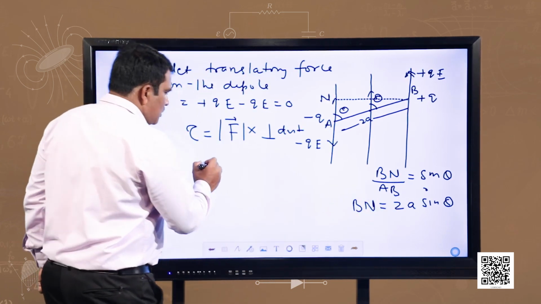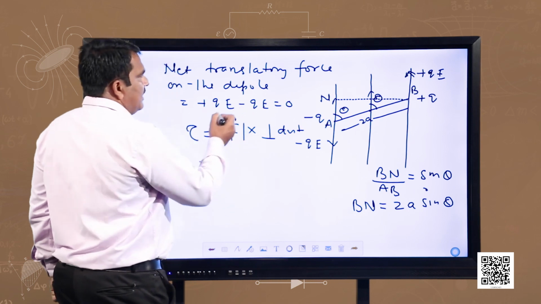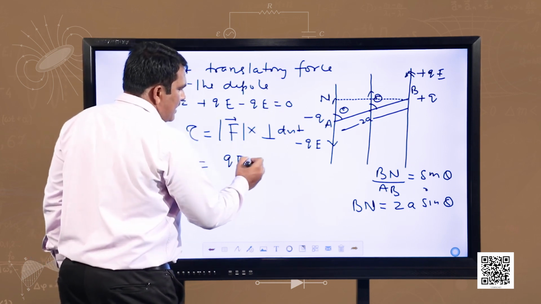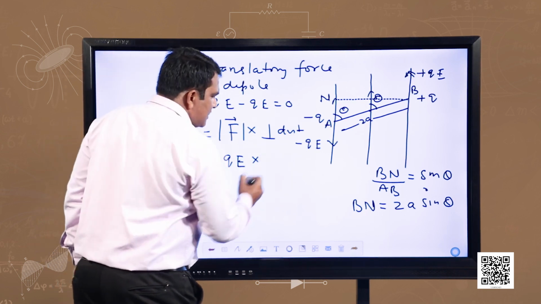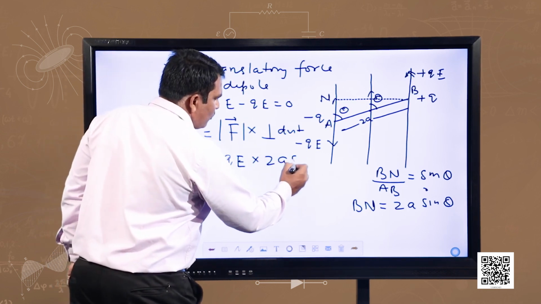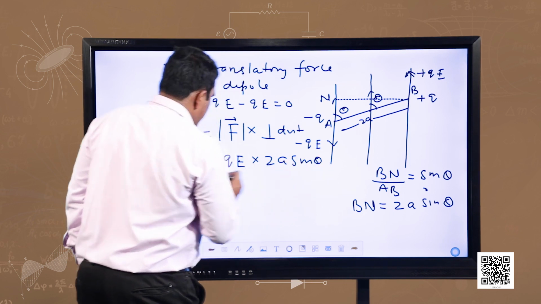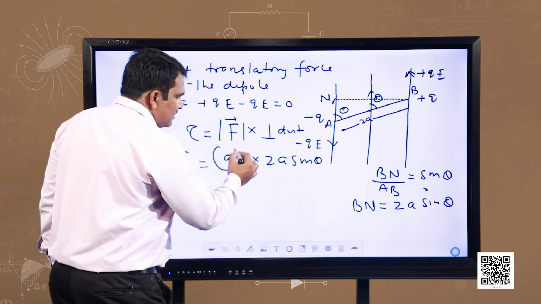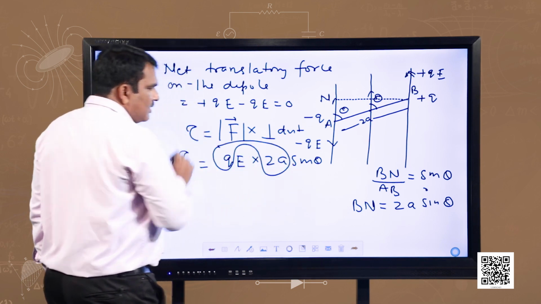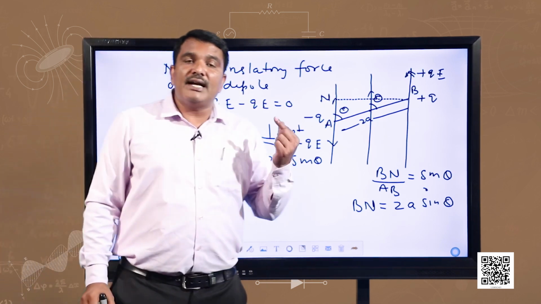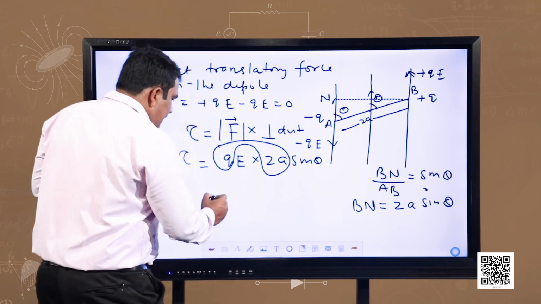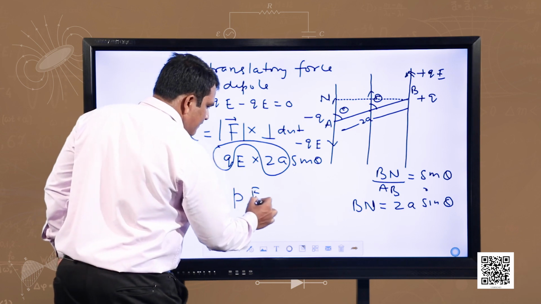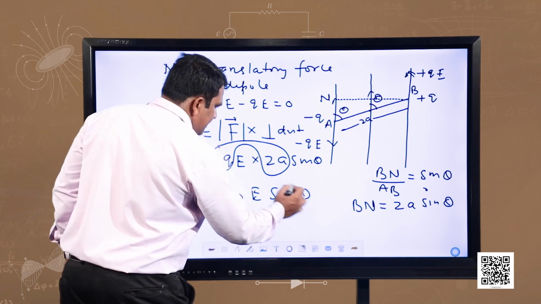By putting in the values of the force, the magnitude of each force being qE, and the perpendicular distance between the two anti-parallel forces, we get torque is equal to qE times 2a sin theta, and we know that q into 2a is called the electric dipole moment, denoted by vector P. So torque is P E sin theta.